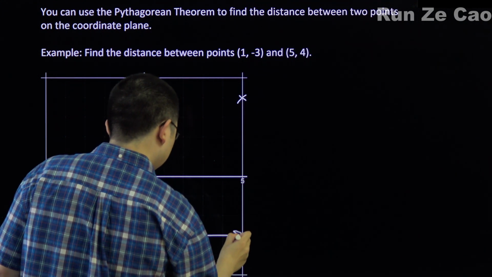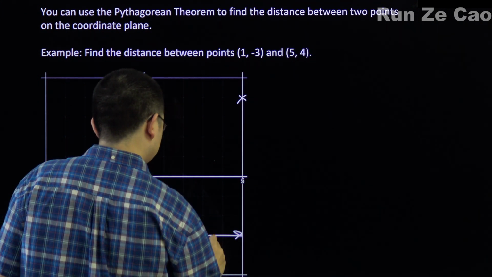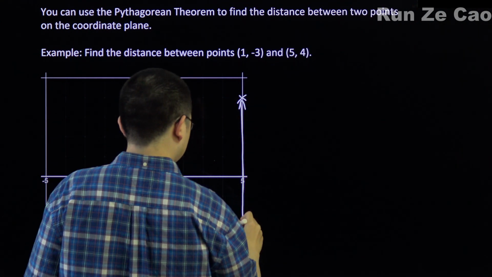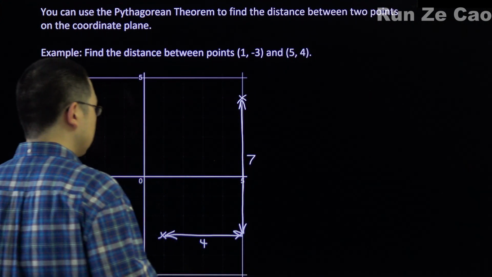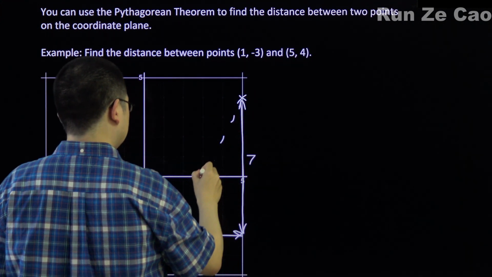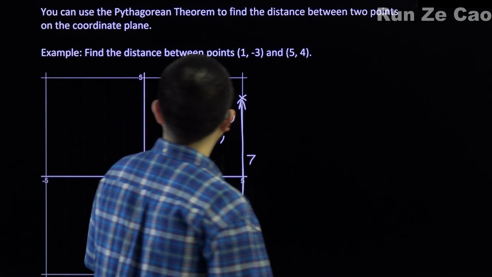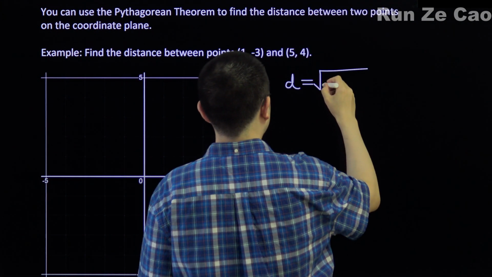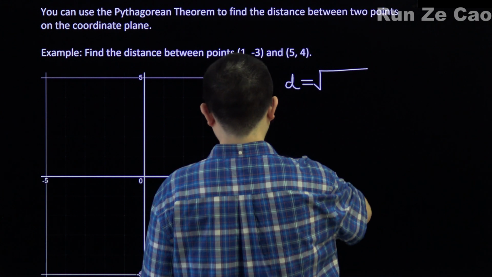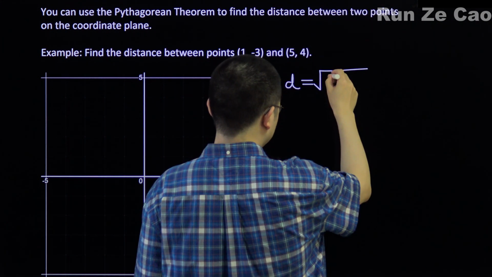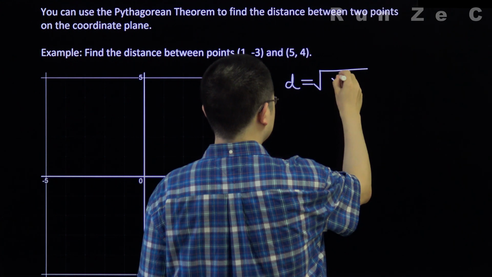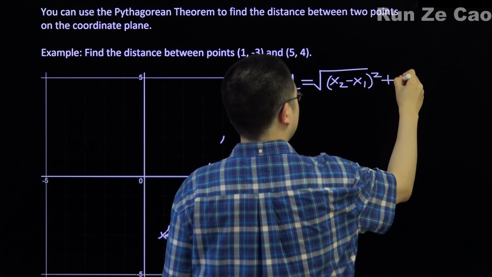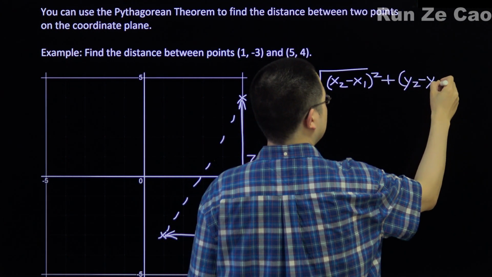Okay, so horizontally, that's a distance of 4. And vertically, that's a distance of 7. So the overall distance between these points is equal to the square root of the distance in the x-axis. You can use x2 minus x1 squared plus y2 minus y1 squared.